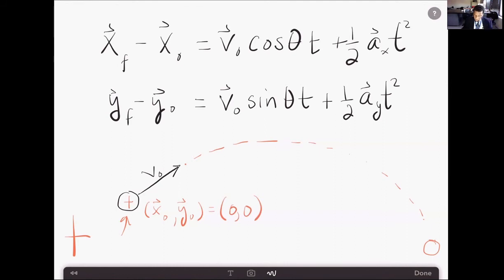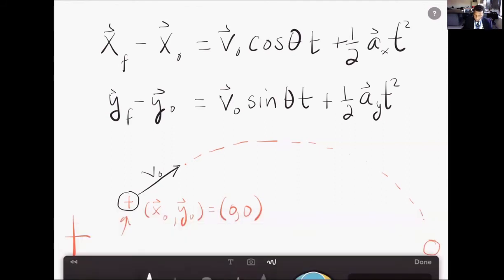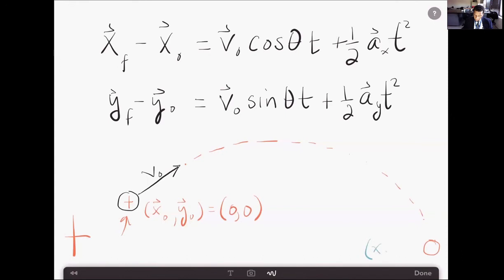And then we're going to have some x final and you'll have some y final. And these are our ordered pairs. And again, they can be measured from this position. So you can measure your y final like so, and your x final like so.